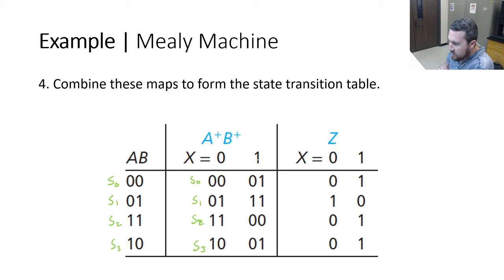But if we have x equals 1, then state 0 goes to state 1. State 1 goes to state 2. State 2 goes back to state 0. And state 3 goes to state 1. So 1, 2, 0, and 1. And then x, of course, is x.